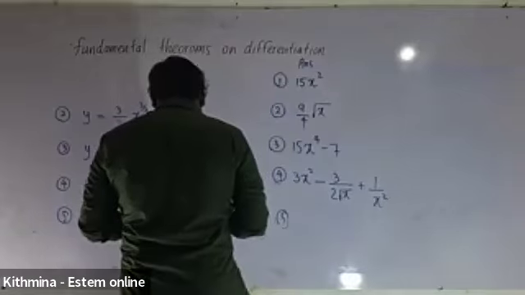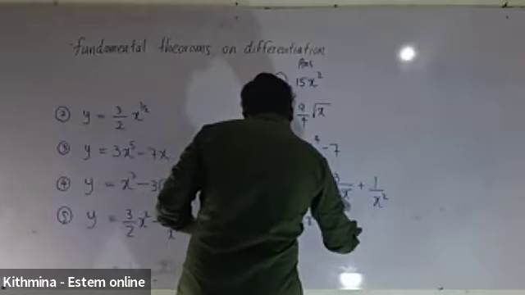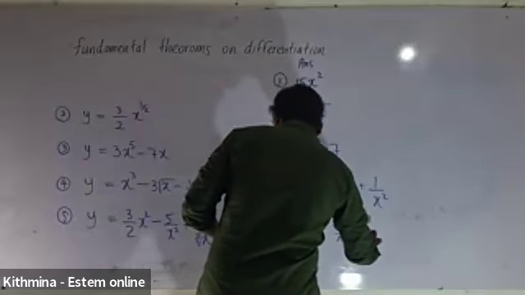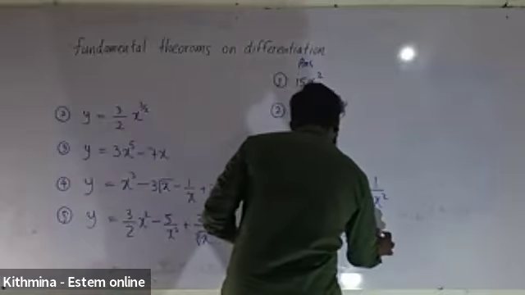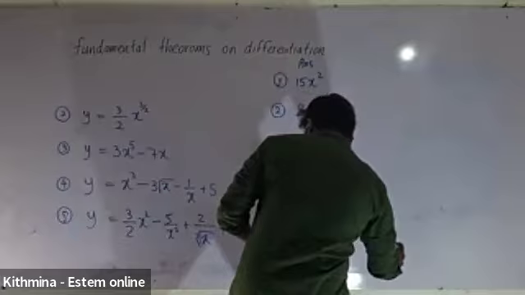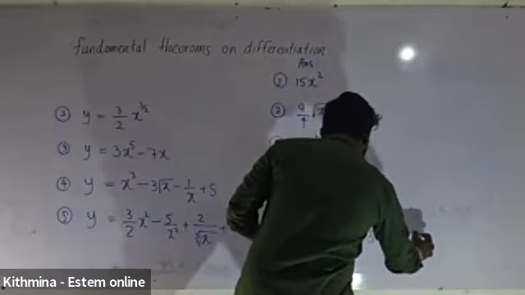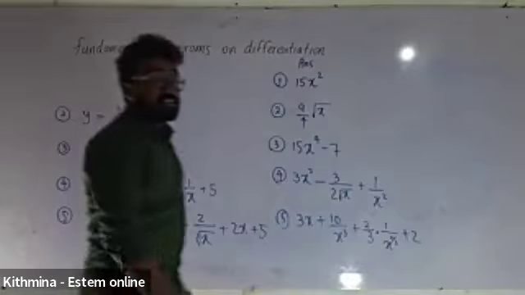The answer for 5 is 3x plus 10 over x cubed plus 2 over 3, 1 over x to the power 2 over 3, plus 2. These are the answers.